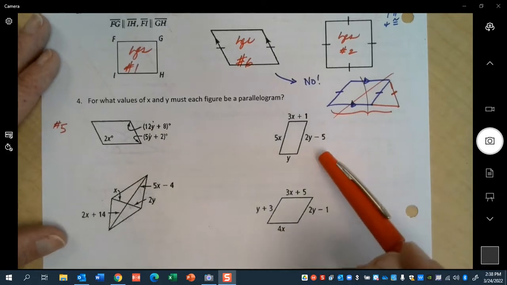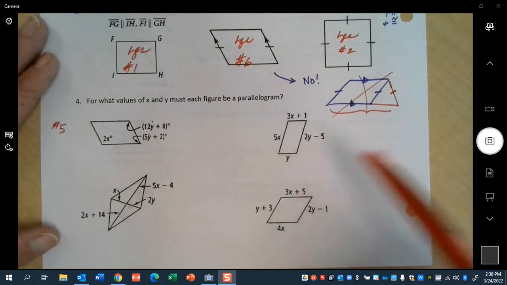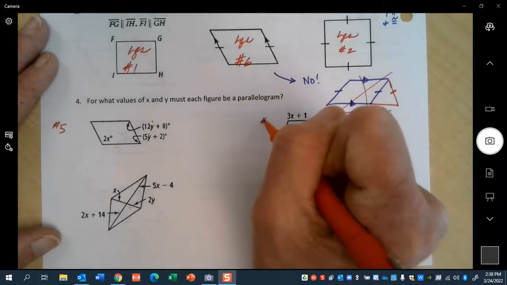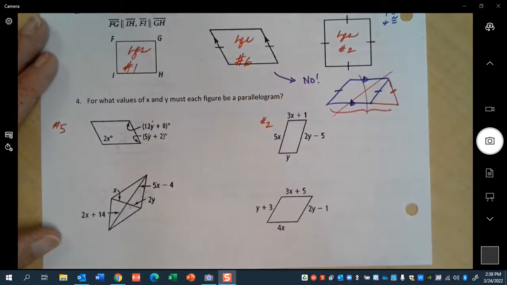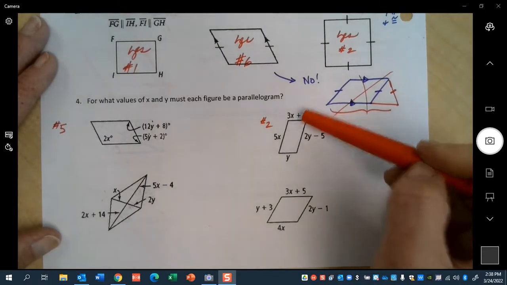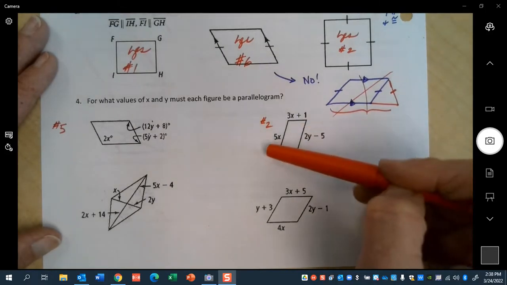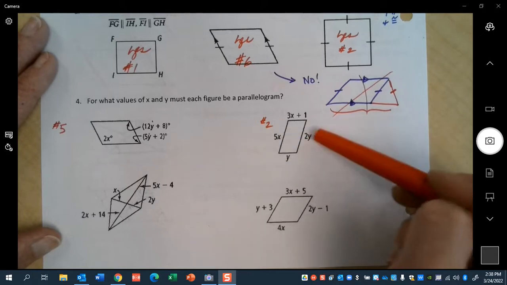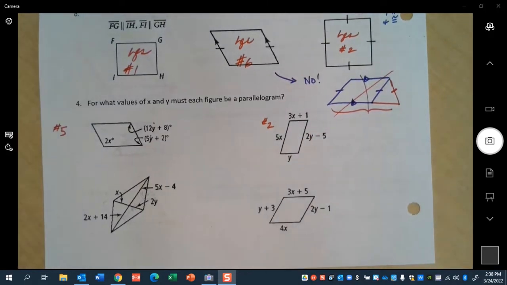This one's going to be tricky because it's a system. If I have 2 sets of opposite congruent sides, reason number 2, I have 3x plus 1 is equal to y. 5x is equal to 2y minus 5. I'm going to have to use a system of equations to solve that.